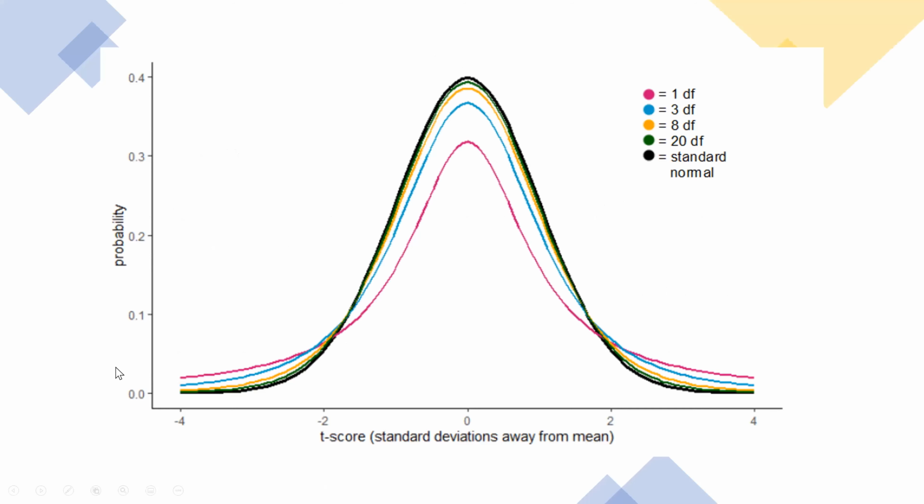I'm going to show you pictures. There are different T's depending on the degrees of freedom, and the black one is the standard normal. When N becomes large, the T and the normal are impossible to tell apart. Otherwise, when N is small, you see here I have heavier tails than the normal 0, 1.